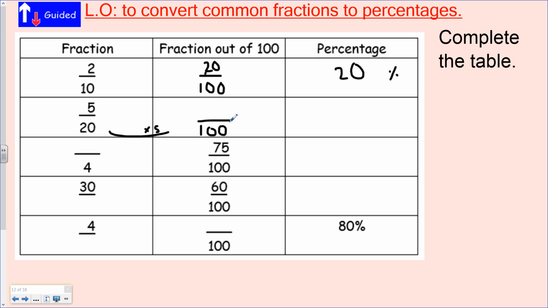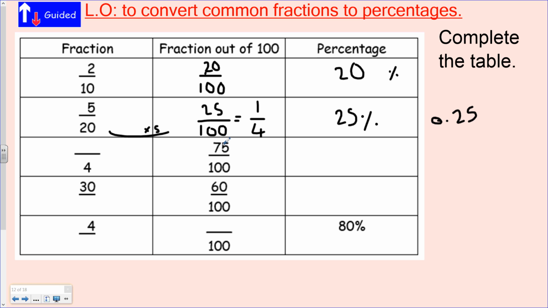Okay, so 5/20ths is the same as 25 hundredths, which is the same as 25%. What famous fraction is 25% the same as? So I'm hoping that you have all recognised that that is 1/4, okay? So 0.25. Yeah, think about all those connections in those numbers.